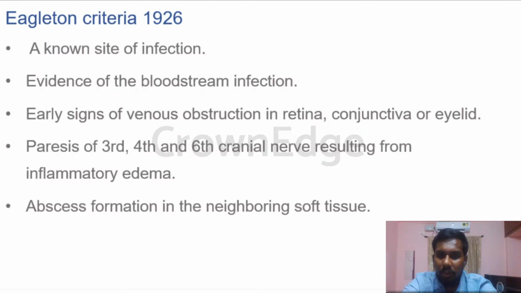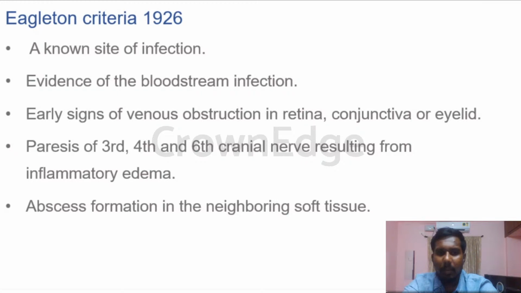Okay, a known site of infection. If you see the question, there is a site of infection. The maxillary upper right third molar has infection. Okay, I've mentioned it in the question there. And there is evidence of bloodstream infection. Evidence of bloodstream infection means either there will be pyrexia, okay, or there will be some amount of leukocytosis.